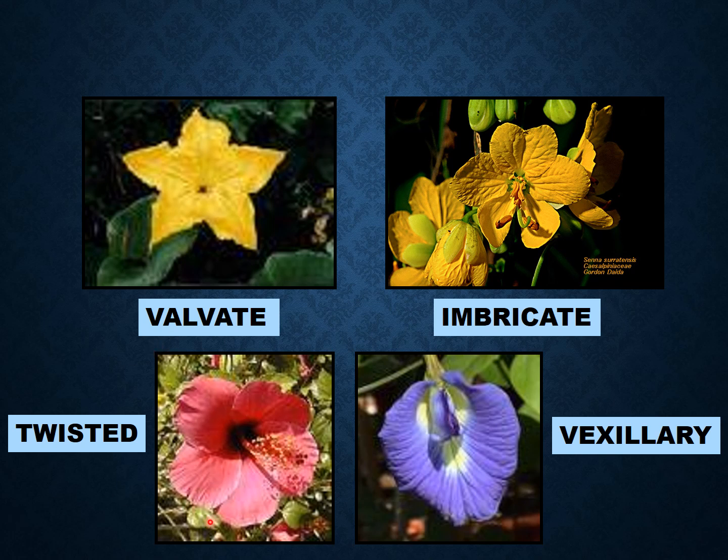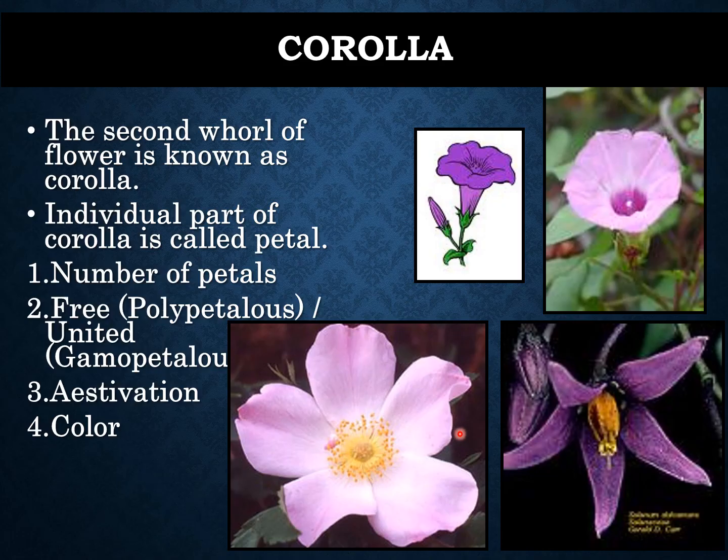This is the twisted estivation, in which the margin of one petal overlaps the other, and this is the vexillary estivation, in which one petal is large and 2 are present inside the large petal, and another 2 very small interior petals are present inside the vexillum.